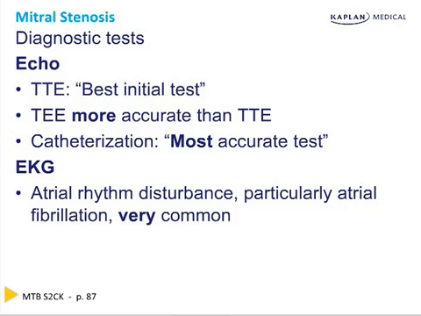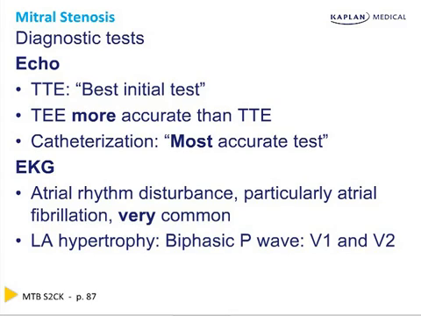The EKG will show atrial arrhythmias, atrial fibrillation, atrial flutter, and left atrial hypertrophy, which is a biphasic P wave. Now, biphasic P waves occur because muscle drives the electricity. Electricity follows the muscle. So if the left atrium hypertrophies and the left atrium gets big, where's the left atrium?